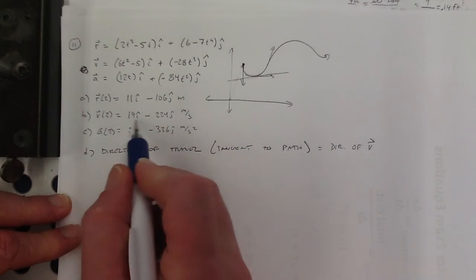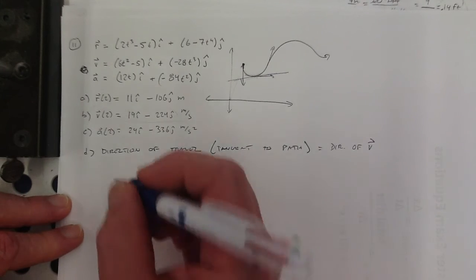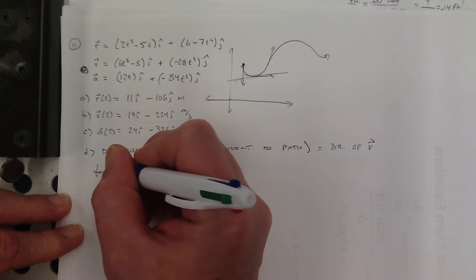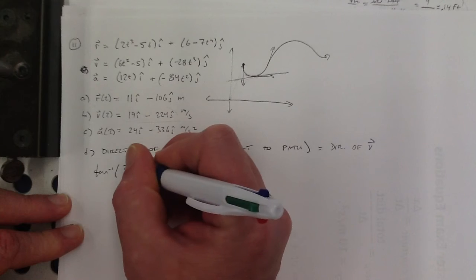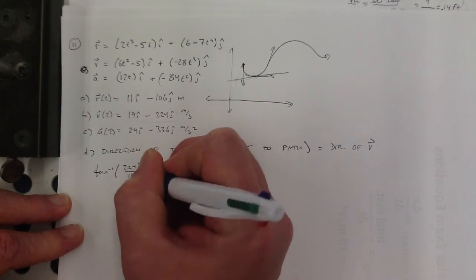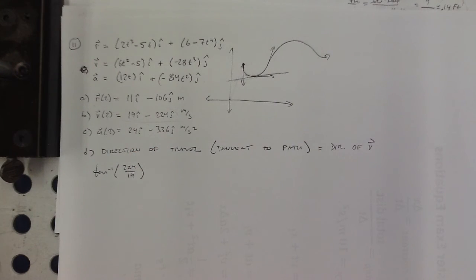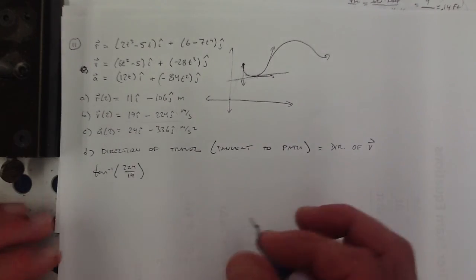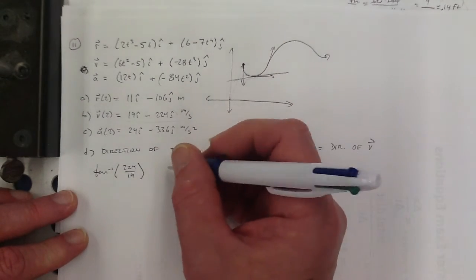So to find that answer, we just need a tangent inverse of this. So that's tangent inverse of 224 over 19. That's about 85 degrees.